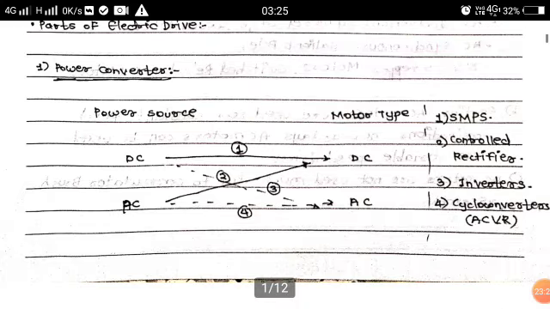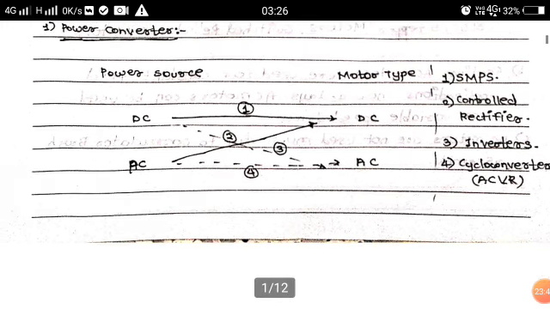The first one is the power converter. So here in the diagram it is shown that input power could be AC type or DC type, and the motor could be of either type. This is not about the power supply, this is about the power converter. So the power source available could be AC or DC, and the motor type could be AC or DC.